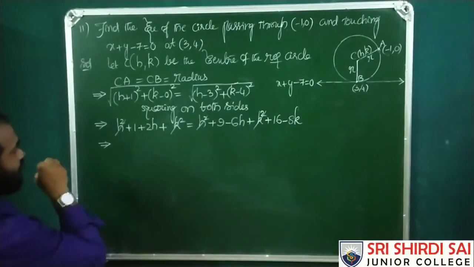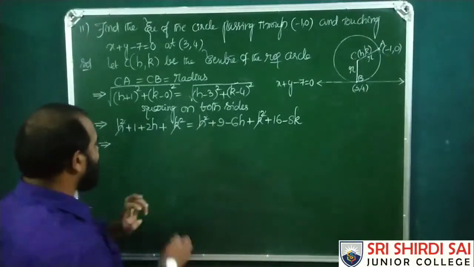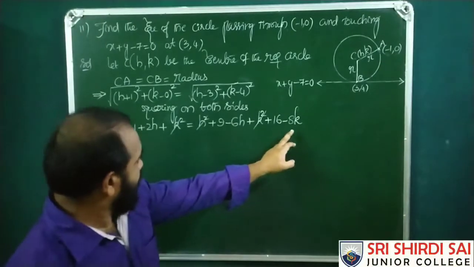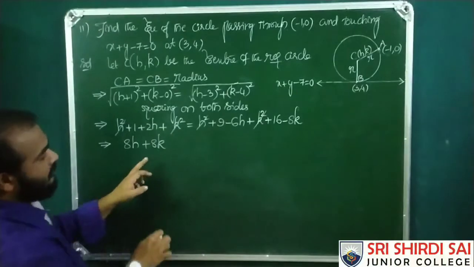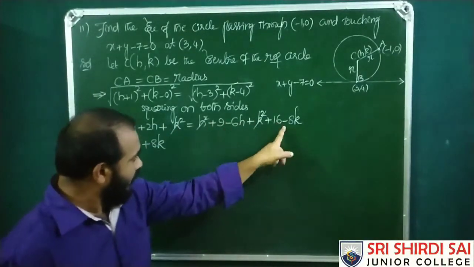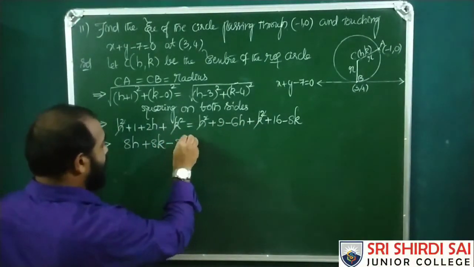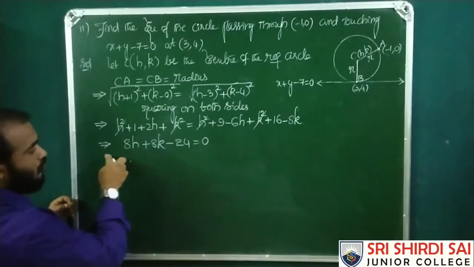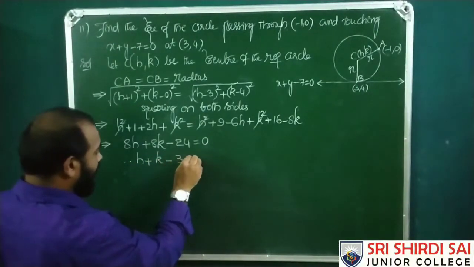That implies 2h plus 6h is 8h, and minus 8k, if you bring it to the LHS, is plus 8k. 1 minus 25 is minus 24 equals 0. Therefore, if you cancel 8 throughout the equation, then h plus k minus 3 equals 0.